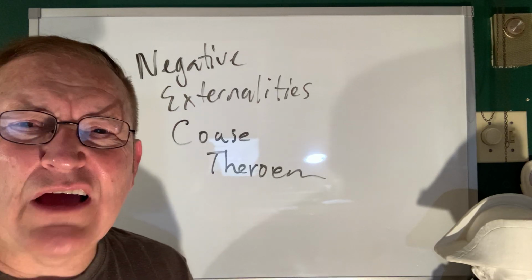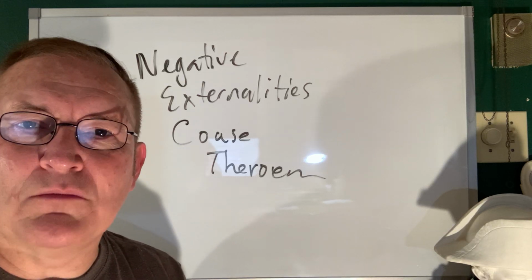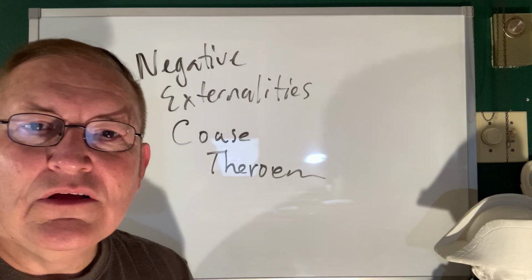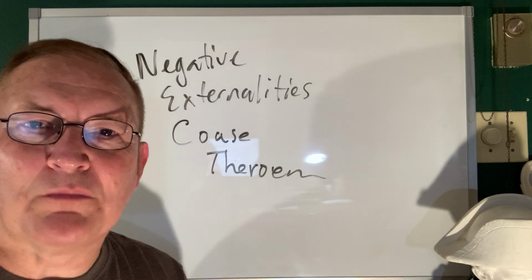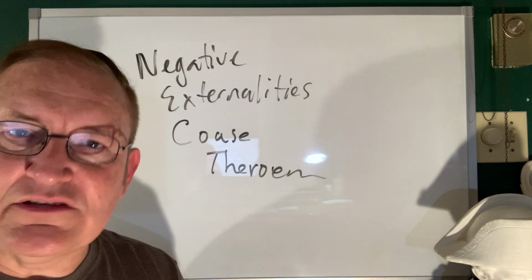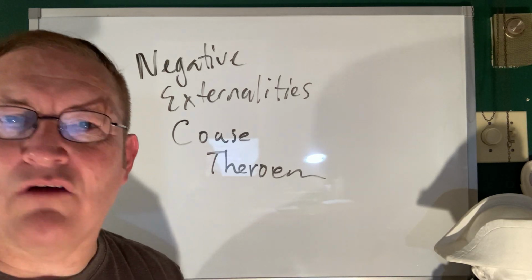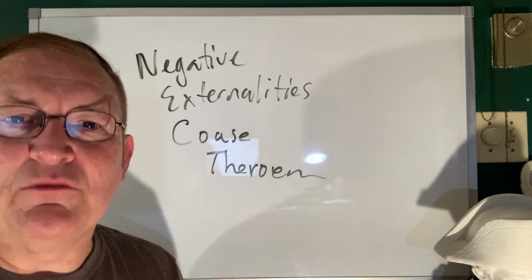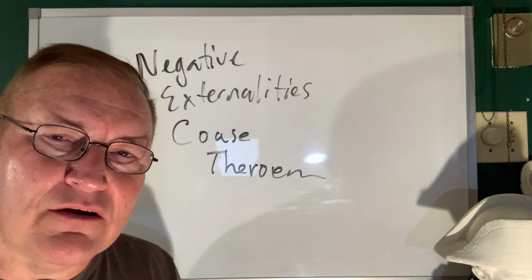And a simple example of this is, let's say it's 2 o'clock in the morning and you hear a dog barking, right? So your neighbor's dog is barking, and that would be an example of a negative externality. So how do you correct for that? I mean, you don't have to call the cops. You don't have to get the government involved. You can simply pick up a phone and call your neighbor and say, hey, your dog's barking.